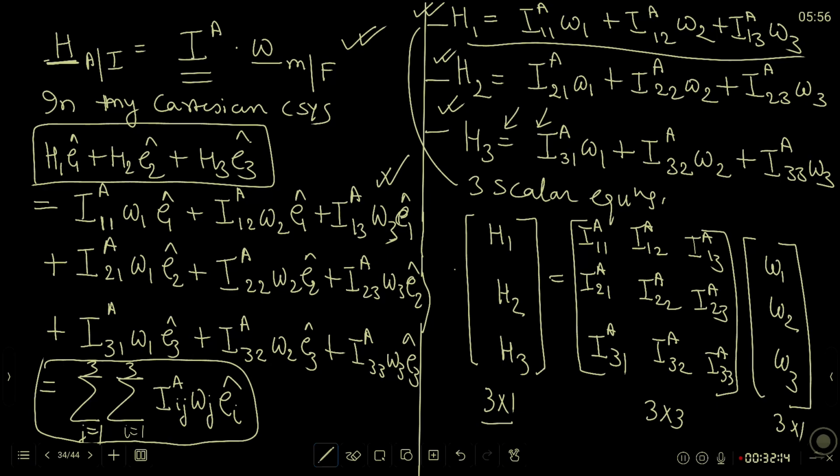Now symbolically we will refer to this equation. So this I will write here: 3 times 1 matrix, 3 times 3, and 3 times 1 matrix.